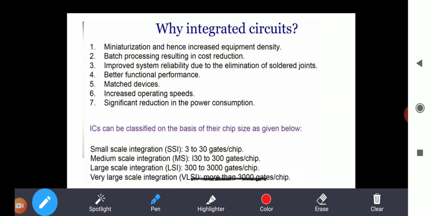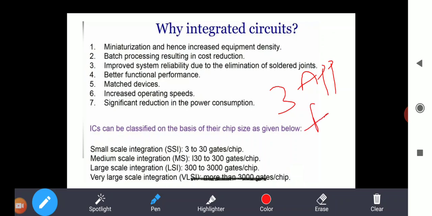Next, ICs can be classified on the basis of their chip size as given below.